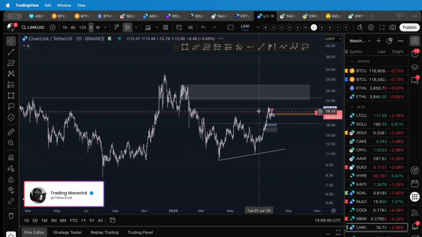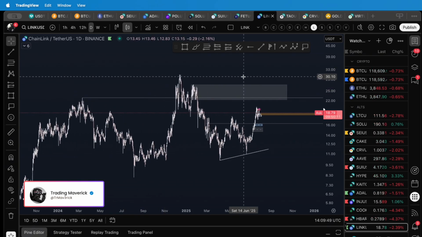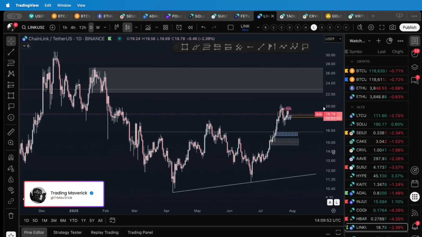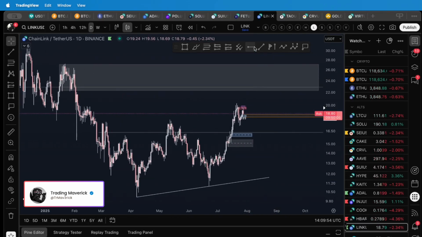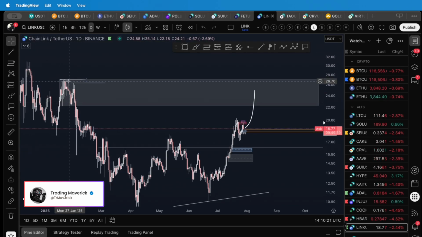I would look at the key level highs in March from last year, and then I would just look at a sweep of next highs. So keep in mind, Link could come a little bit lower before it pushes up, like to $16, something like this, maybe 15, but eventually I think this moves up. And yeah, the target would be like 23, and then you can look for the sweep of these weeks, and you can just TP on every sweep, right?